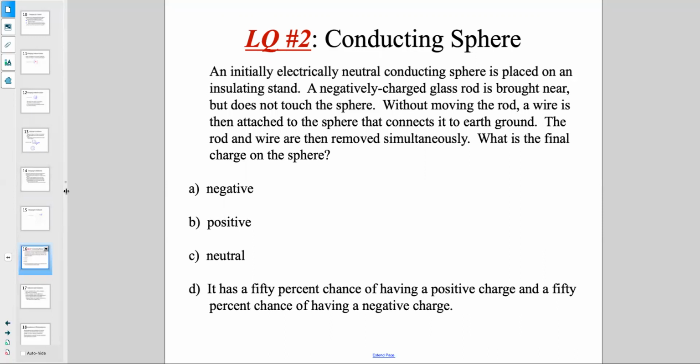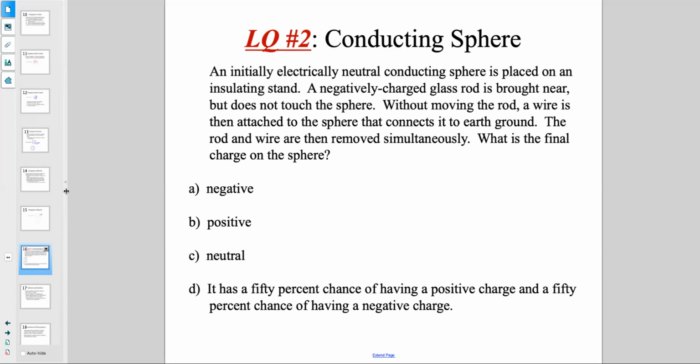Without moving the rod, so we're keeping the rod in its position, a wire is then attached to the sphere that connects it to the earth ground. The rod and the wire are then removed simultaneously. What's the final charge on the sphere?